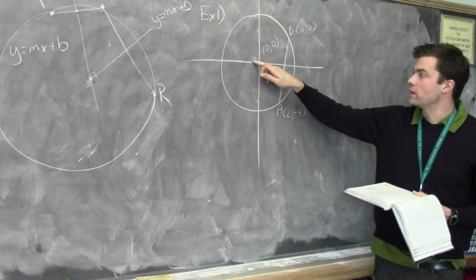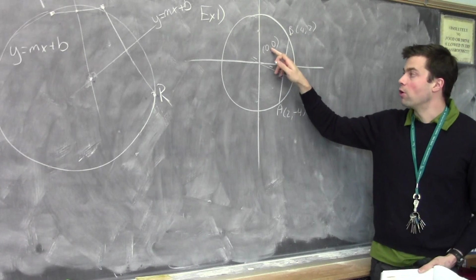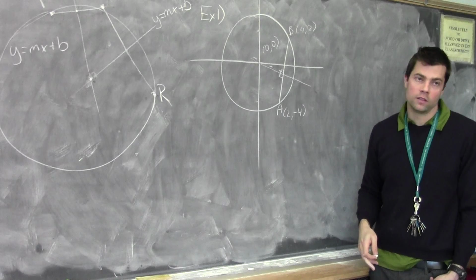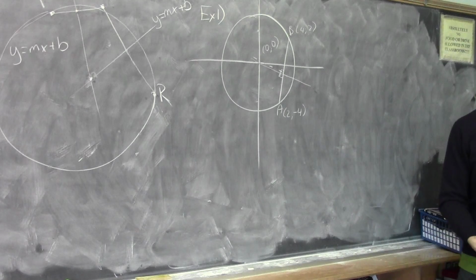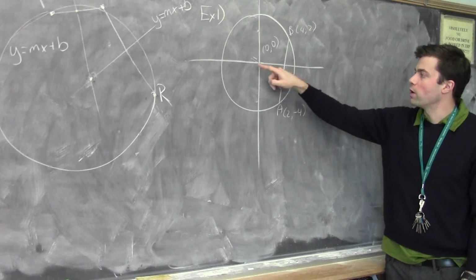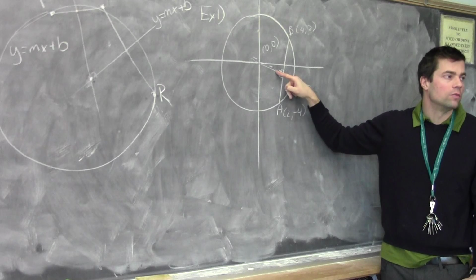So if we can find the equation of this line and plug in 0, 0 and it satisfies that equation, then have we proven it? Yes. So the question then becomes, how do we find the equation of this line? Marcus told us the first thing we want to do is find the slope of this line, because the negative reciprocal will give us this slope. Good.